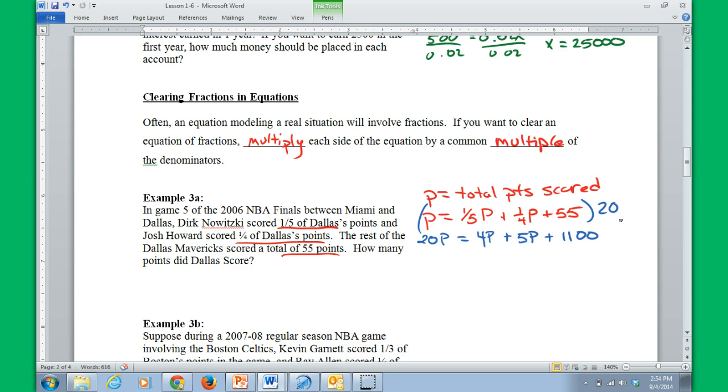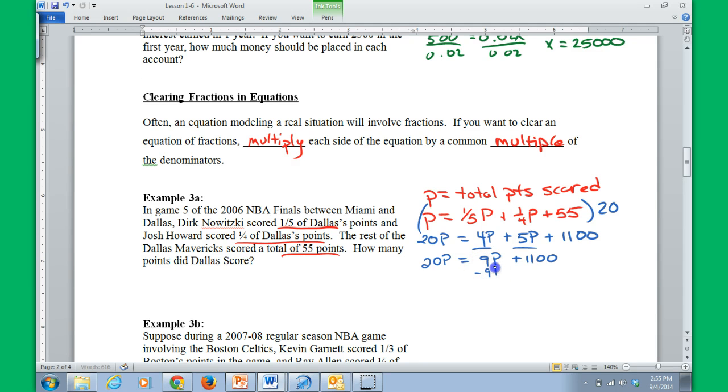Okay, so now we can do normal algebra and combine common numbers and then solve for P. So I already know that 4P plus 5P, that's going to be 9P. Right? Now, I need to get all the P's on one side.